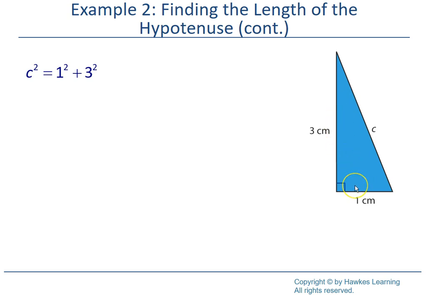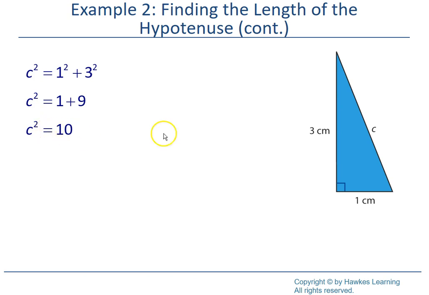And it doesn't necessarily have to be proportionate, but it gives you an idea of what you want to find. So there's your short leg, there's your long leg. So they're squaring the short leg, squaring the long leg. 1 squared is 1, 3 squared is 9, 1 plus 9 is 10.